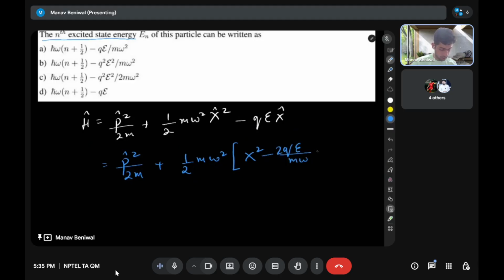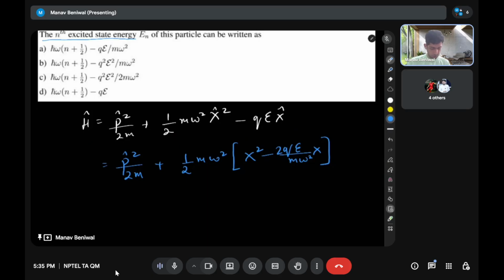So this is x squared and this is x. Basically I have taken out the coefficient of x and then I have written the second term like this, squared.